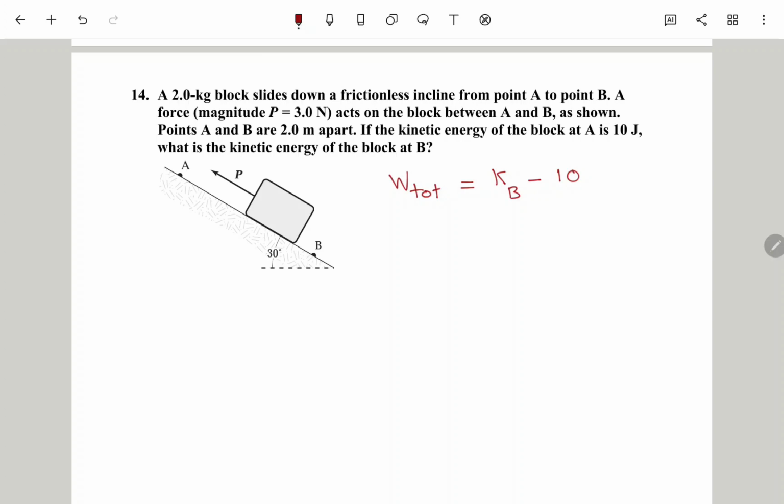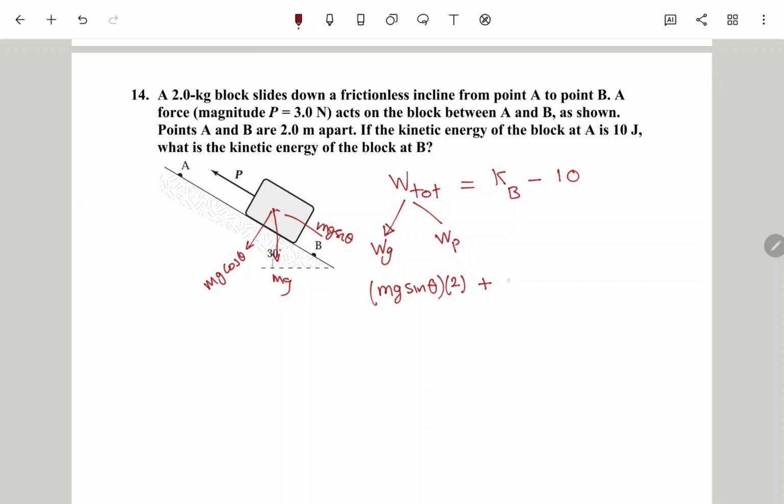Now we have here in this situation, work done by gravity and work done by the external force. In this case, it's P. Now, by the gravity, remember when you analyze the weight, this is weight mg, this is mg cosine theta, and this is mg sine theta. Work done by the gravity, it's mg sine theta, this is the force, and the displacement, in this case, it's 2, it's a plus.